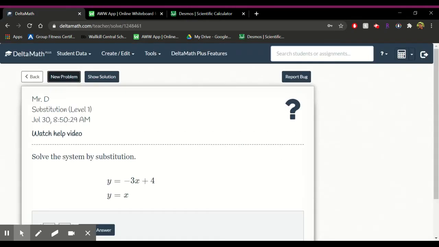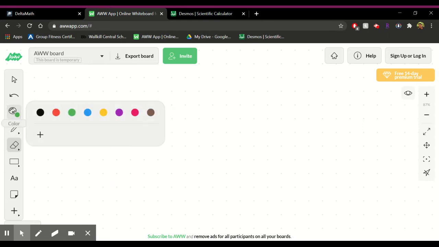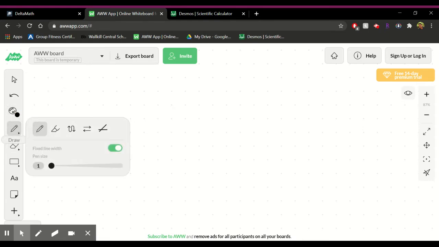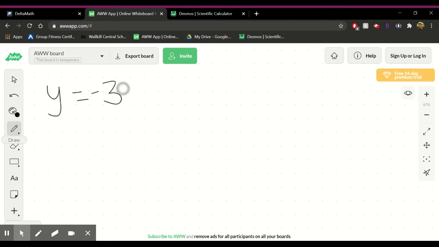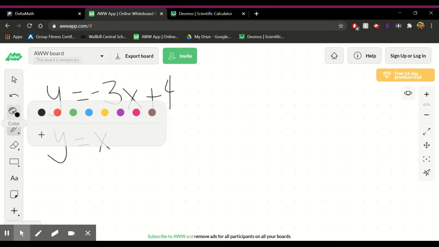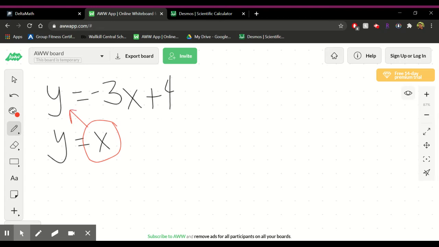All right, so we have y equals negative 3x plus 4, and y equals x. Again, substitute in. Bam, x in for y. So we have x is equal to negative 3x plus 4.